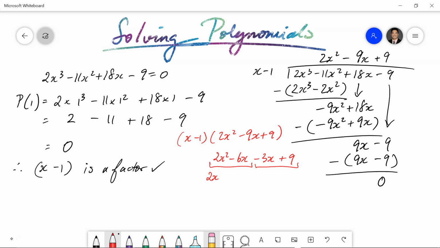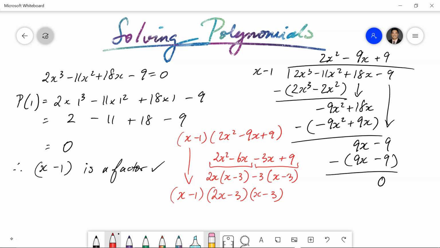We'll get 2x over here, and inside the brackets will be x minus 3. Then we'll have minus 3 outside as the common factor, and x minus 3 is the other thing. So now we've got 2x minus 3 as our first bracket, and x minus 3 as our second bracket. We take down our x minus 1 as our initial factor.